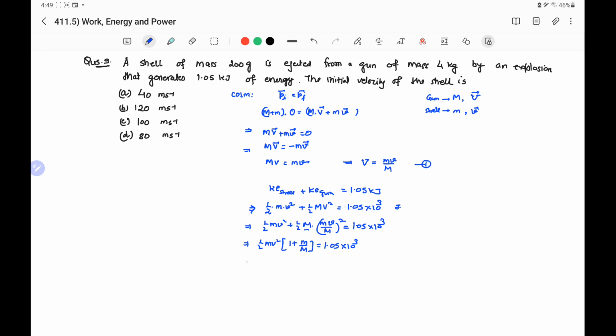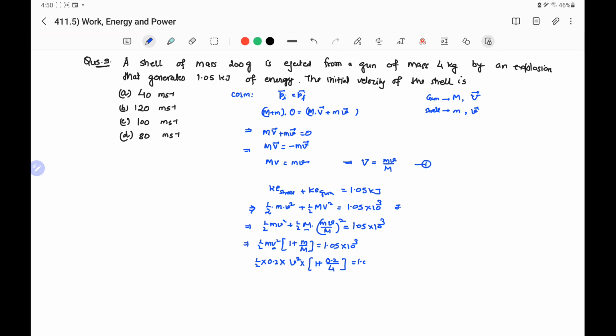Now substitute the values which are given in the question. It is half into the mass of the shell, which is 200 grams, so it is 0.2, into v square, where v is the velocity of the shell which we have to find, into 1 plus 0.2 divided by the mass of the gun, which is 4 kilogram.